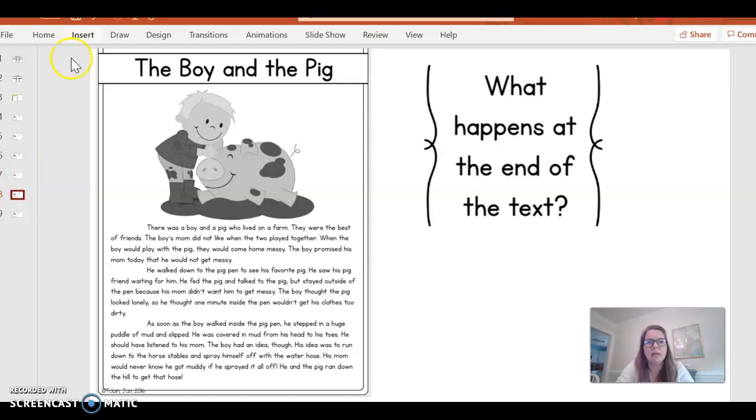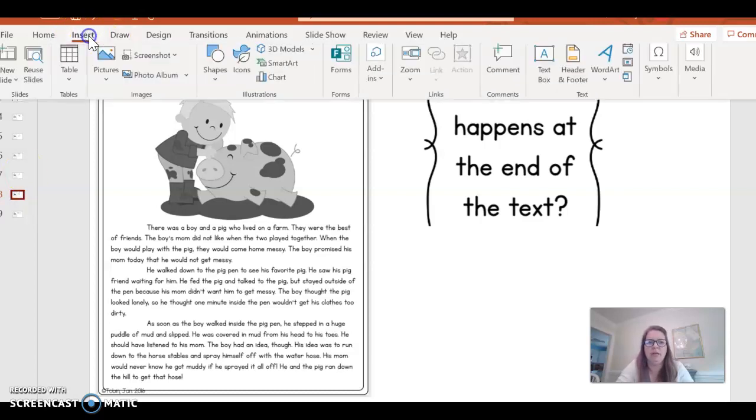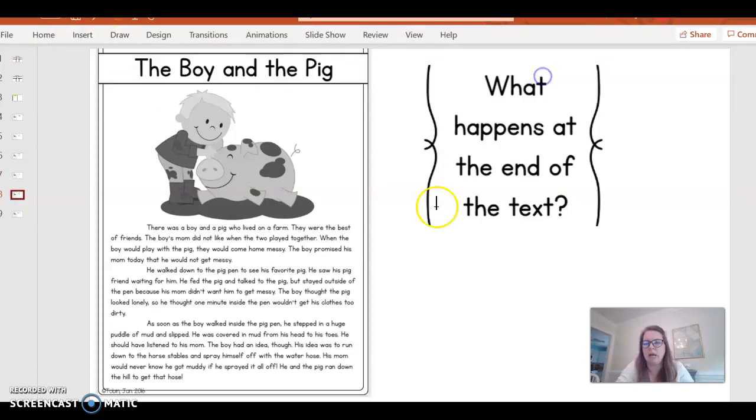What happens in the end of the story? Okay, so in the end of this story would be kind of towards the bottom paragraph. And it says, as soon as the boy walked inside the pig pen, he slipped in a huge puddle and fell. He was covered in mud from head to toe. The boy had an idea. He went to the horse stables to spray him off with the water. So I'm going to put here at the end of the story, the boy was covered in mud.